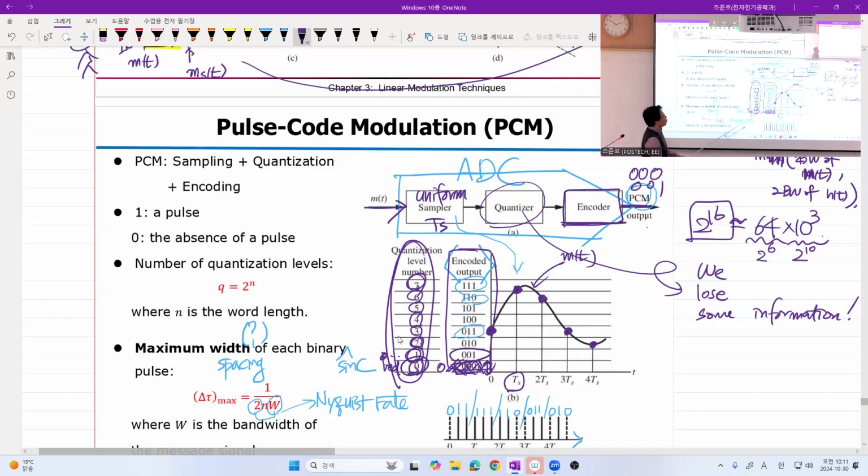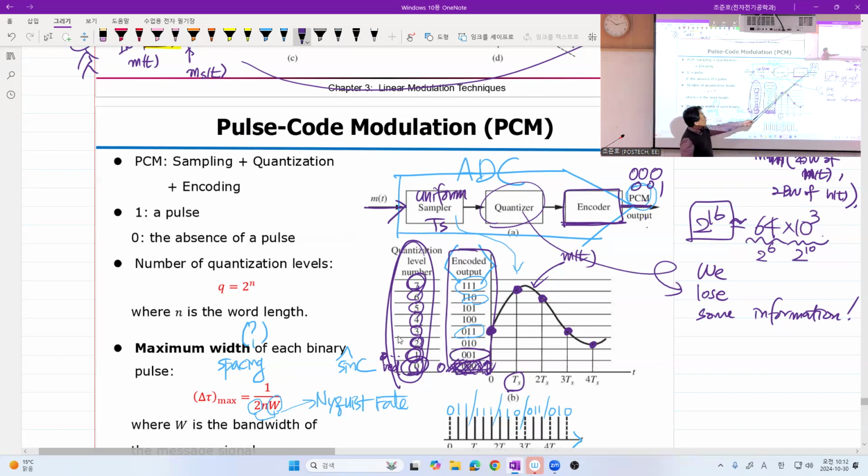In this way, this continuous time signal is now converted to a sequence of 3-bit discrete time signal, you may say, right? And even though we mathematically view the output of the ADC as a discrete time sequence, precisely speaking it is also a continuous time signal with finite levels.